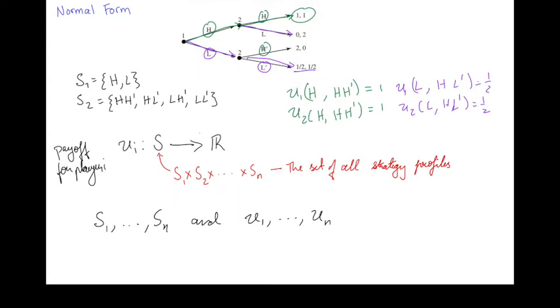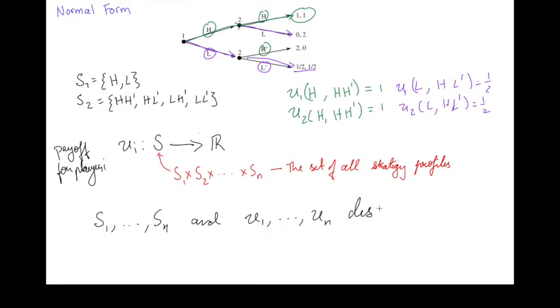So all you really need to describe a game is the set of strategies for each player, and given a profile of strategies, what the payoff is for each player, then you've got a full description of the game. And we call that a normal form.